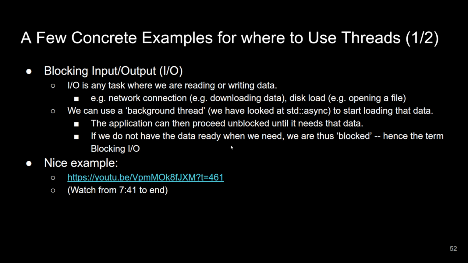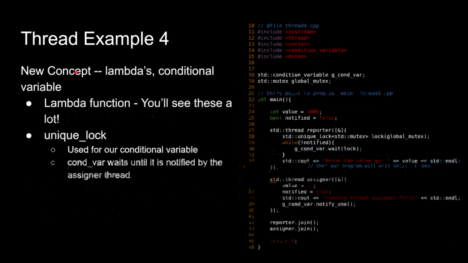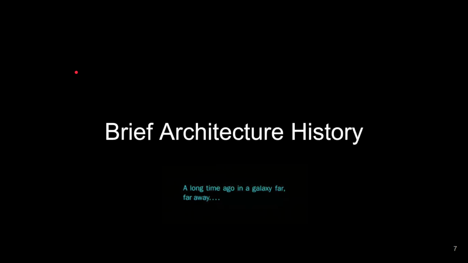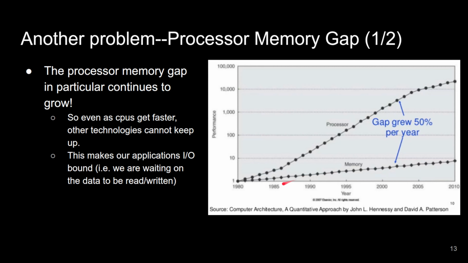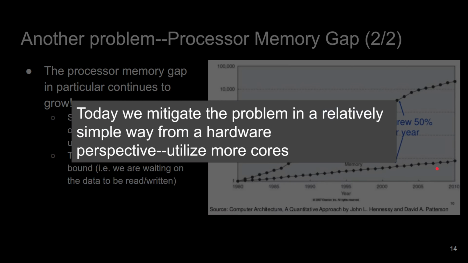All right, and that last example is really a nice example if we sort of wrap things up from where we started of what we call blocking input-output, which remember is one of the big problems. If I go all the way back to, why are we bothering with all this stuff? Well, it's this idea that it's really hard. We can process things fast, but when we have to go to memory, it takes a really long time for us to retrieve data back.